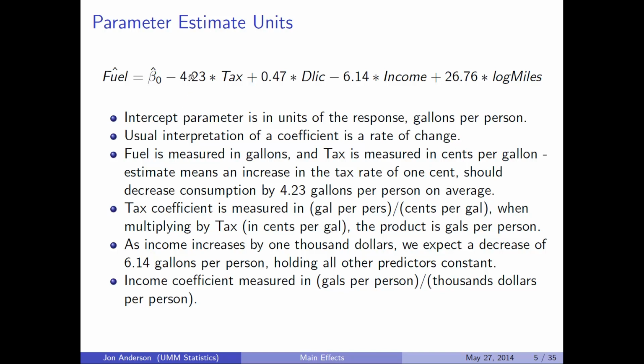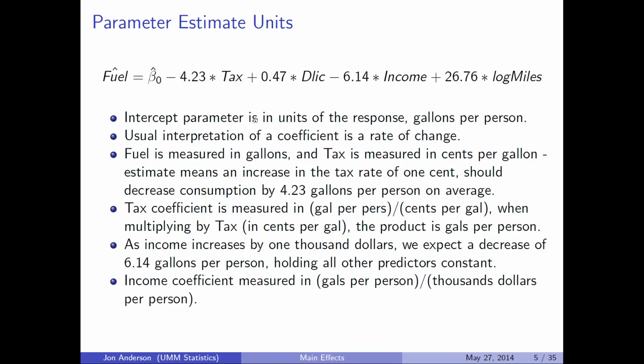The other coefficients, the other beta hats, are rates of change. And so for example, the multiplier for tax, the negative 4.23, is the estimated decrease in fuel consumption for a 1 unit increase in tax, all other variables in this model held constant.